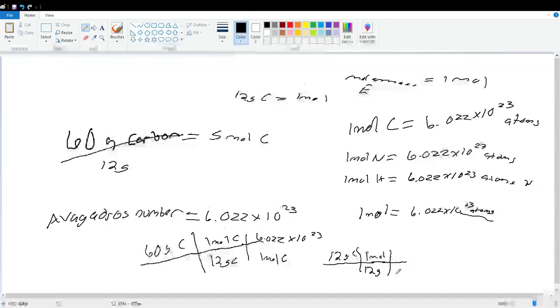Then, as we discussed, 1 mole of any element is equal to 6.022 times 10 to the 23rd atoms. Atoms of carbon. So, put that in your calculator, calculate that with me, and I'll give you a little time to do the calculation and we'll talk about the answer.